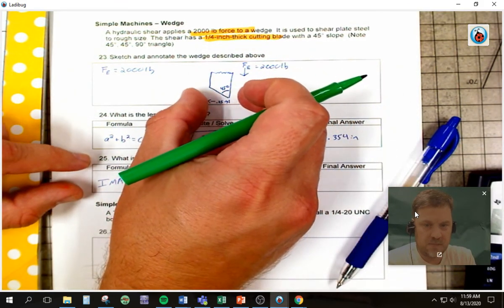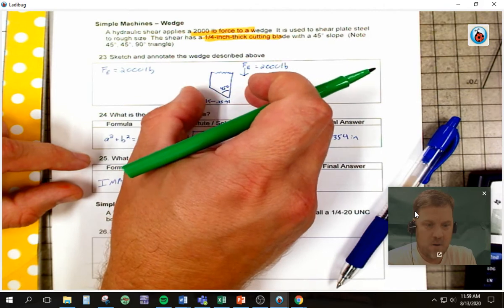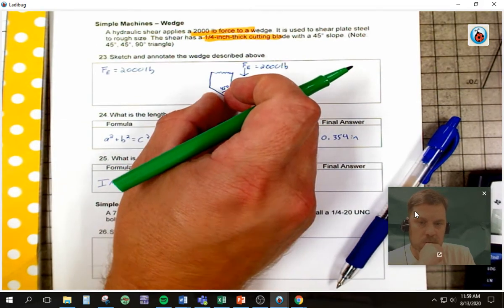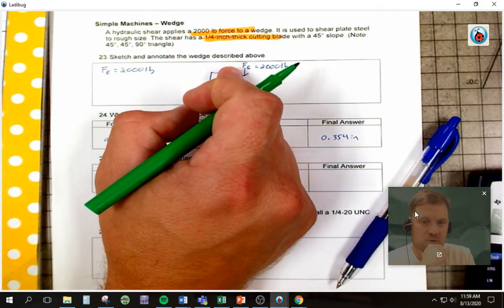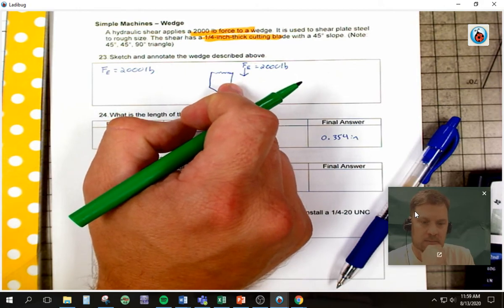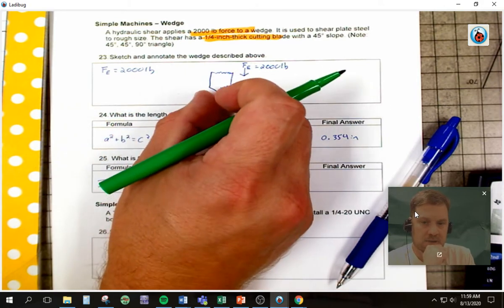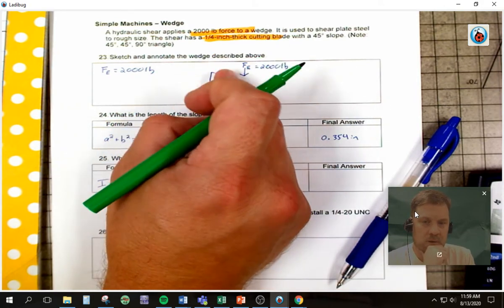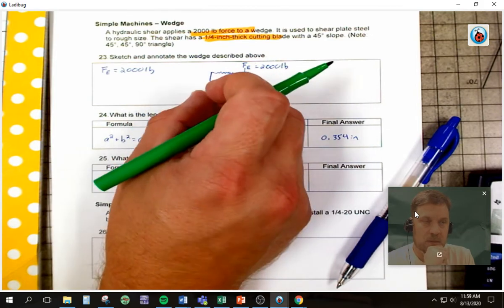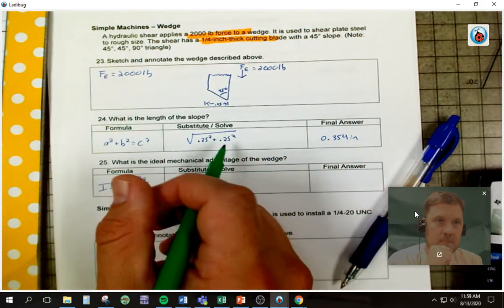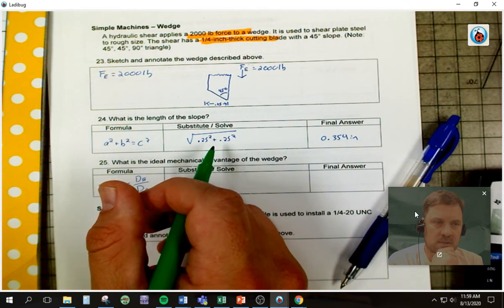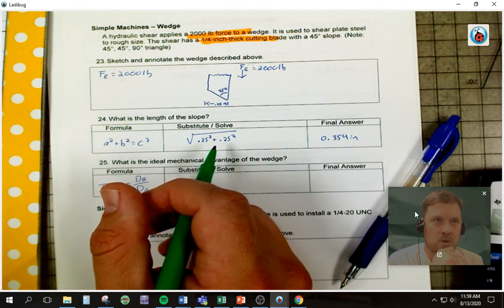So it's going to be splitting that apart. Okay, so when I drive this wedge in, and then I split it apart, one of those is going to be my distance effort, and one of those is going to be my distance resistance. And so you can kind of think about that.